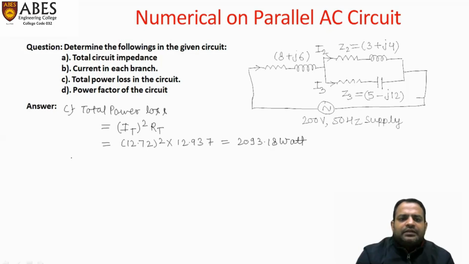There is an alternative method. If we calculate the power loss in each branch, then we can also calculate the total power loss. So the total power loss is equal to power loss in branch 1, power loss in branch 2, and power loss in branch 3.